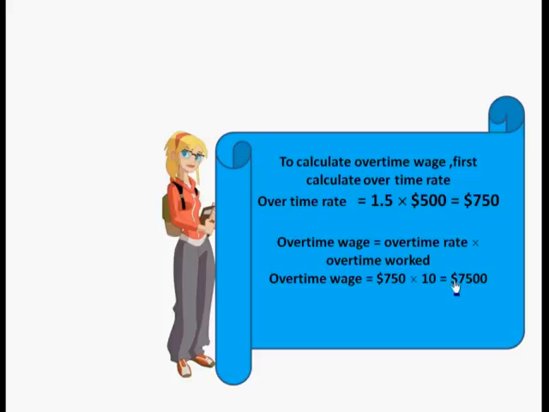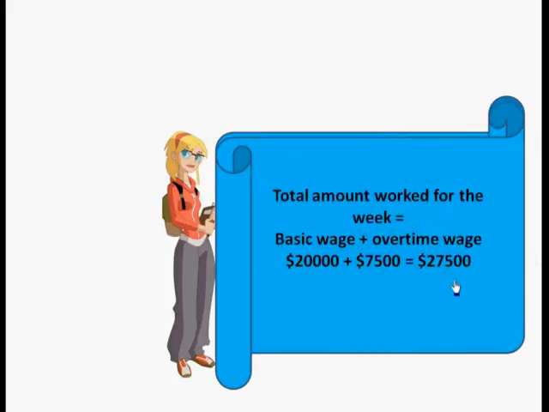Now, our total amount earned for the week should be equal to our basic wage plus our overtime wage. So our basic wage, as you know, is $20,000 plus our overtime wage, which is $7,500, will equal $27,500.